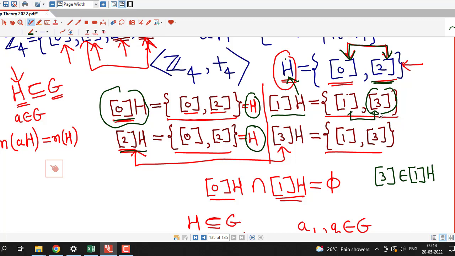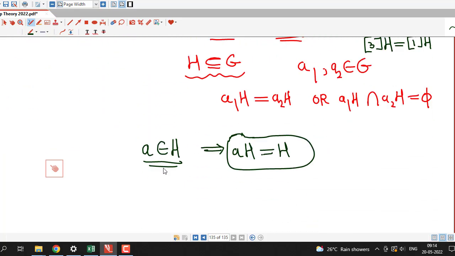The equivalence class generated by 3 belongs to the left coset generated by equivalence class 1, and we can observe that these two are equal. The left coset corresponding to this element is equal to the left coset corresponding to this element. So this is also a general property.